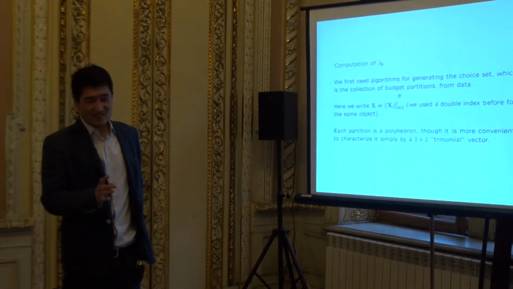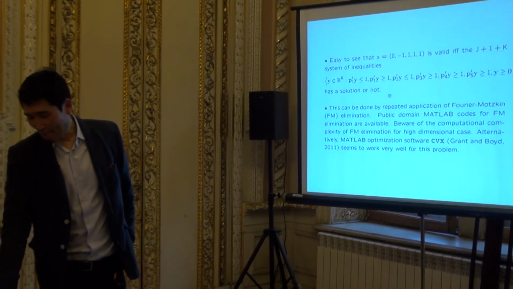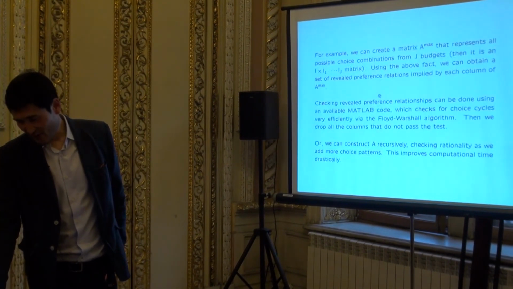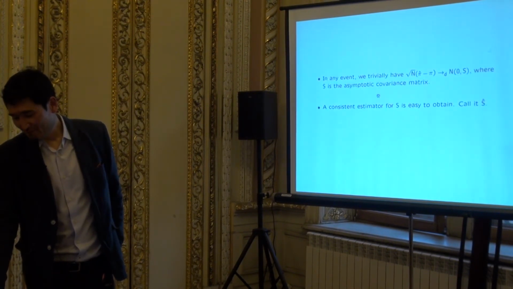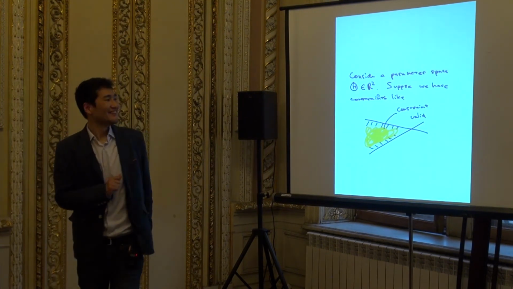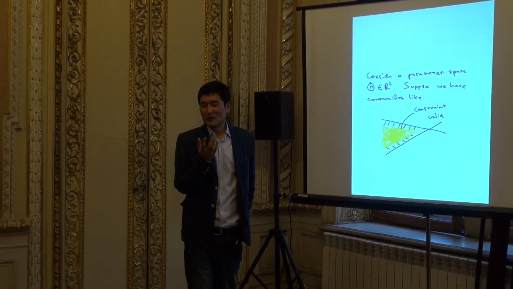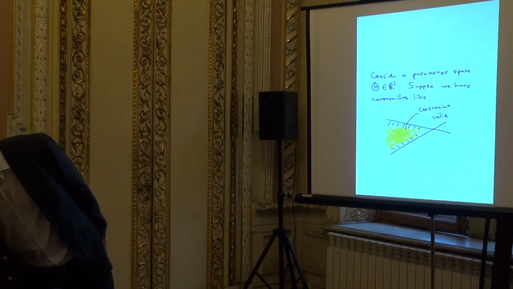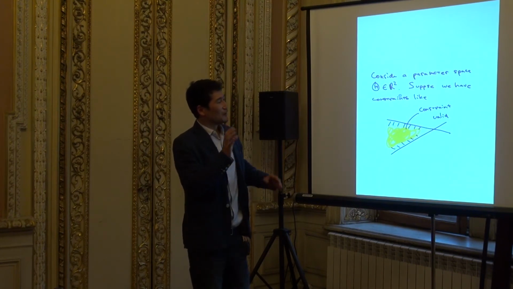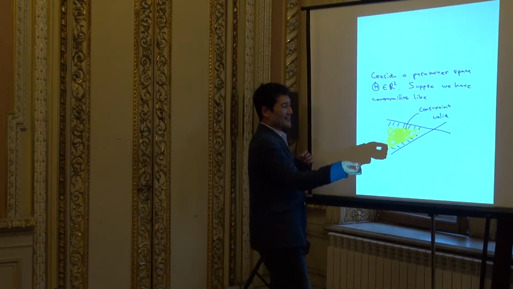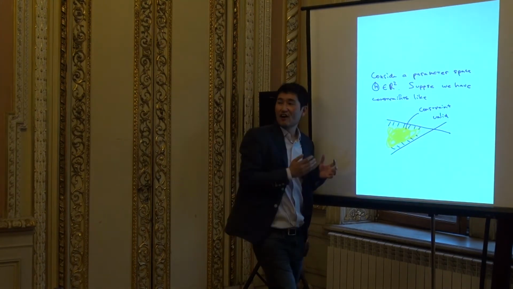So I'll just give you a picture of how you do it. As I said before, you're testing whether the observed choice pattern is inside of a cone like this.